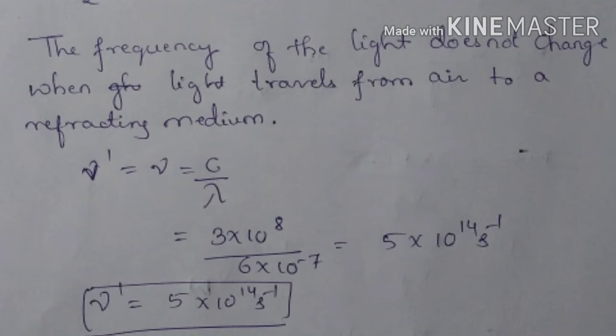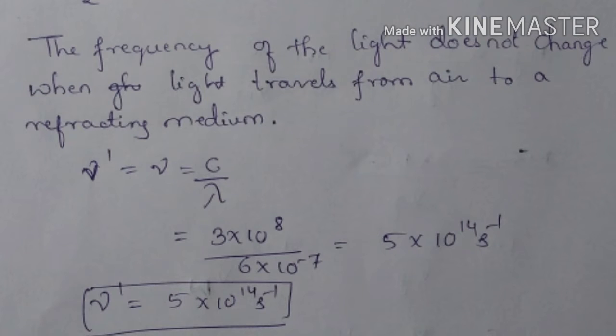When light travels from one medium to another, that is from air to a refracting medium, the frequency of light does not change. So the frequency remains the same. Nu is equal to c by lambda, where c denotes the velocity of light in vacuum and lambda the wavelength. The value of c is 3 into 10 power 8 meters per second divided by 6 into 10 power minus 7 meters.